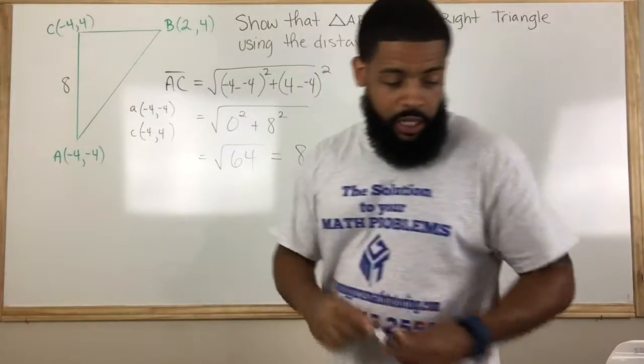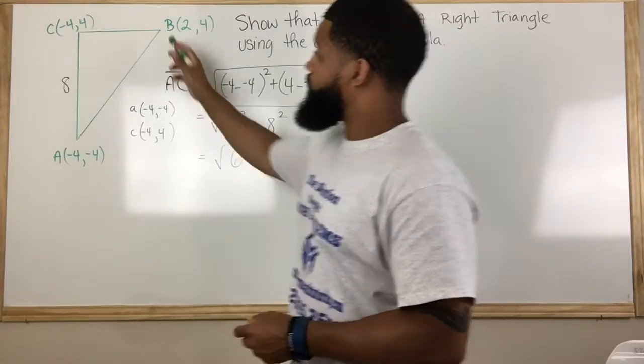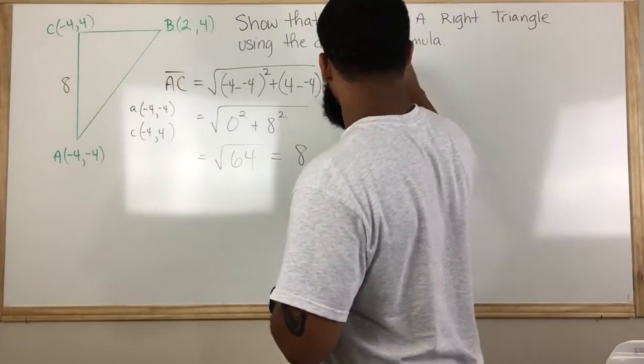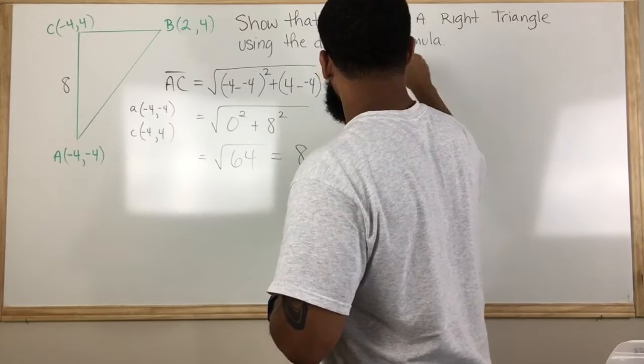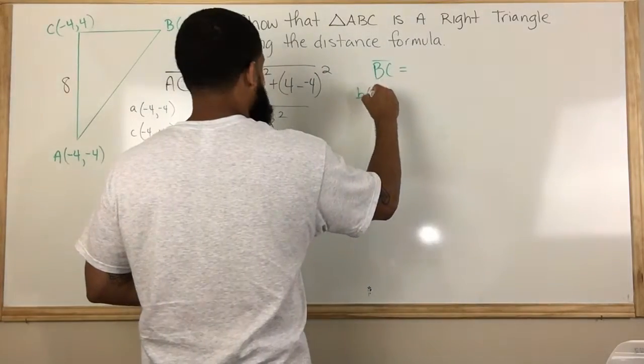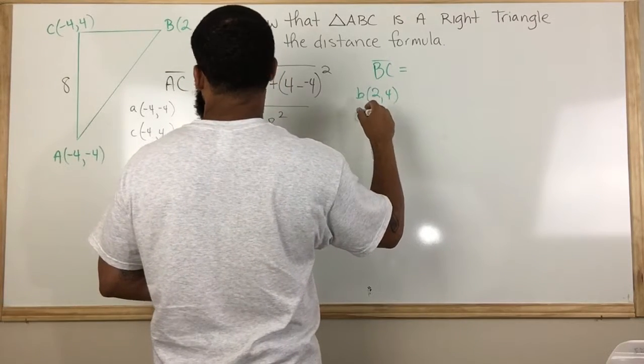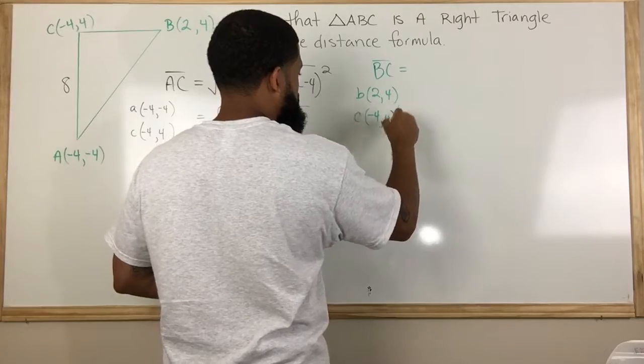Now, let's go ahead and find the length of the next side. Okay? So now we're going to take side BC. And BC, we have B is the ordered pair 2, 4, and C is the ordered pair -4, 4.